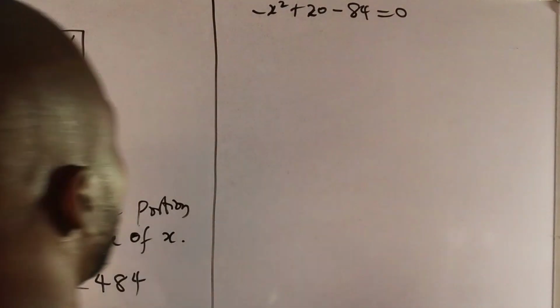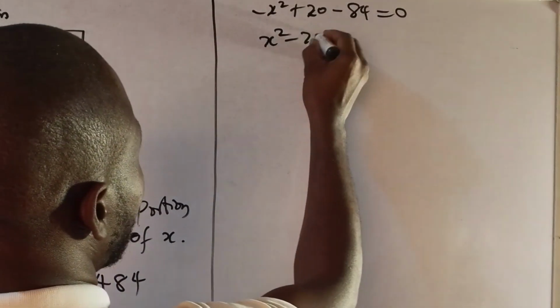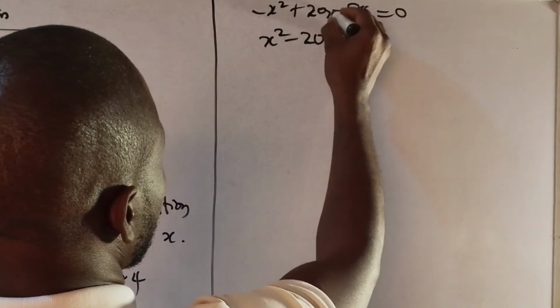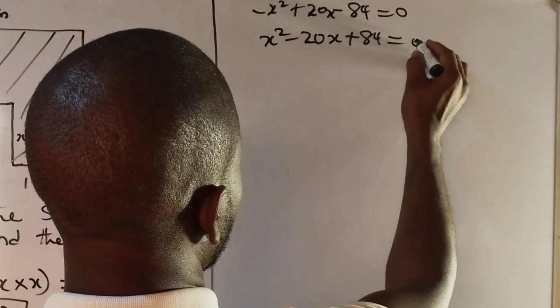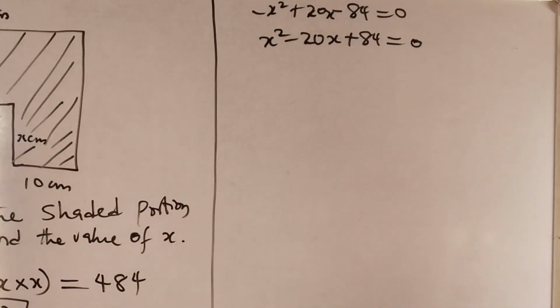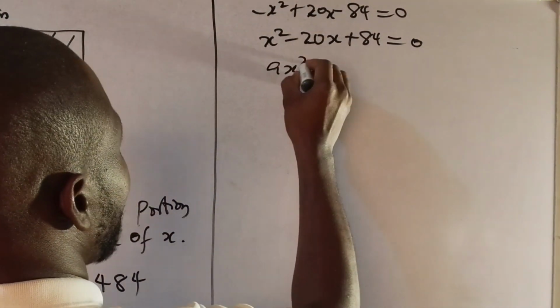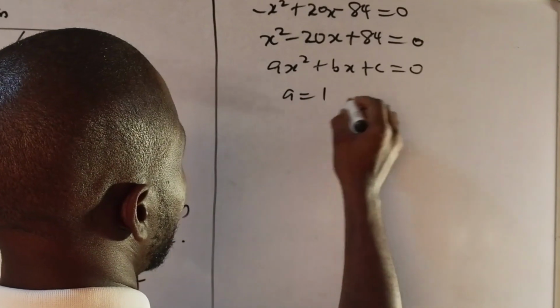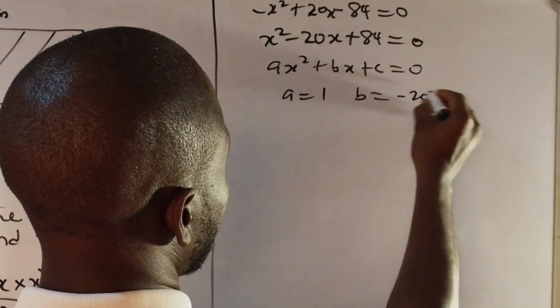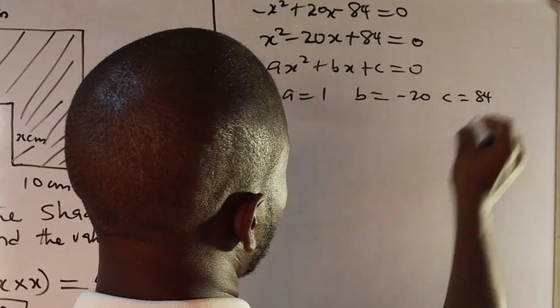If we multiply through by minus 1, you're going to have x squared minus 20x plus 84 is equal to 0. So if we're using the formula method, our ax squared plus bx plus c is equal to 0: a is equal to 1, b is equal to minus 20, c is equal to 84.